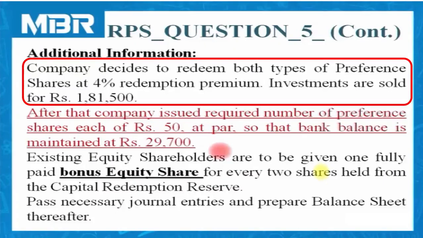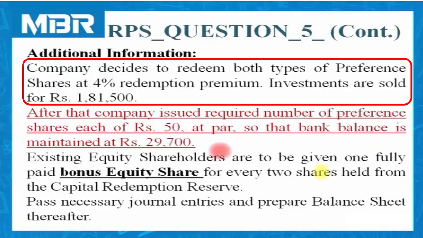Company decides to redeem both types of preference shares at 4% redemption premium. It is clearly mentioned over here that company would like to redeem both types of preference shares, as I have discussed at the time of discussion of the liability side of the balance sheet that we have two types of preference shares and we need to redeem both types of preference shares simultaneously.